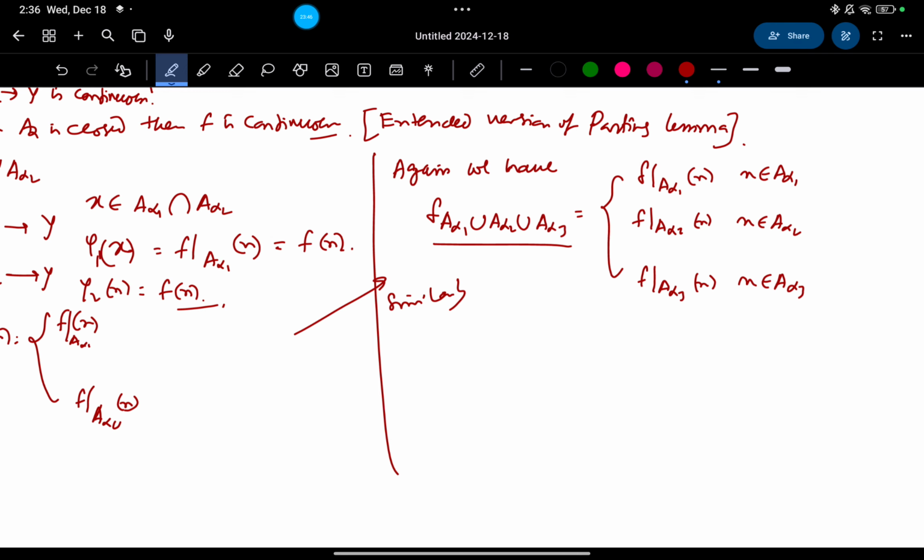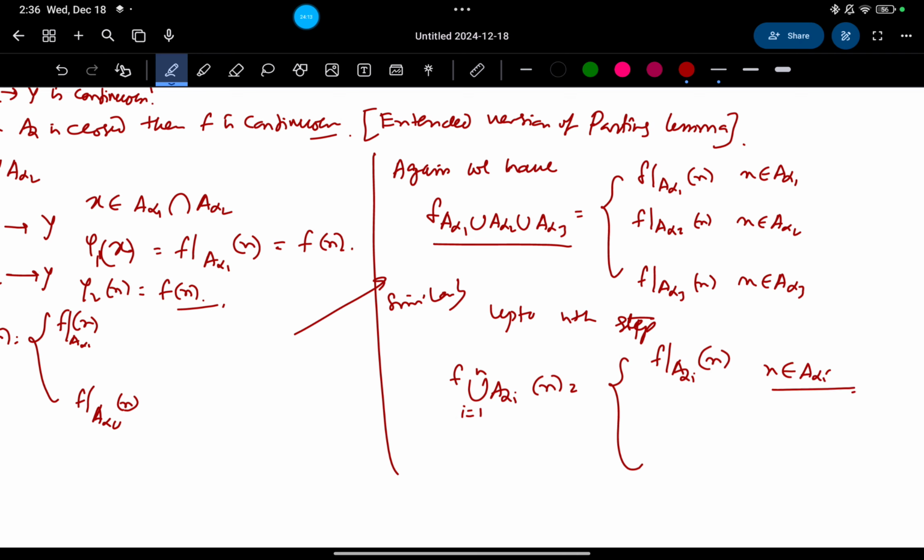Thus if we go on up to n steps, at the nth step I will get f on the union over i equals 1 to n of A alpha i, which is the same as f restricted to A alpha i of x, where x belongs to A alpha i.